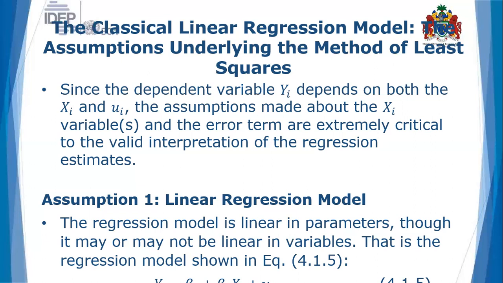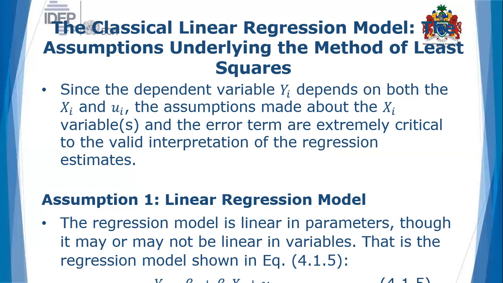Assumption number 1, linear regression model. The regression model is linear in parameters, though it may or may not be linear in variables.